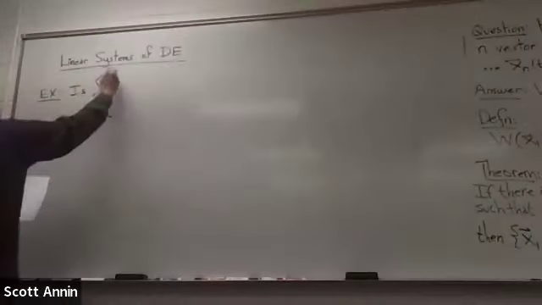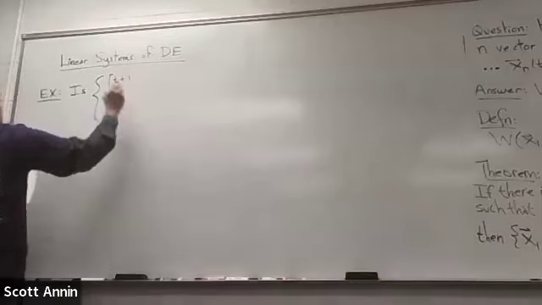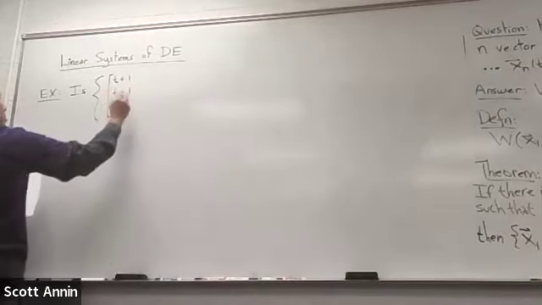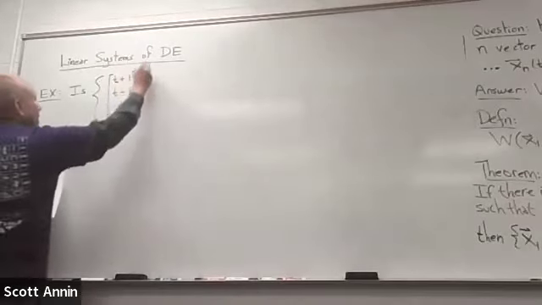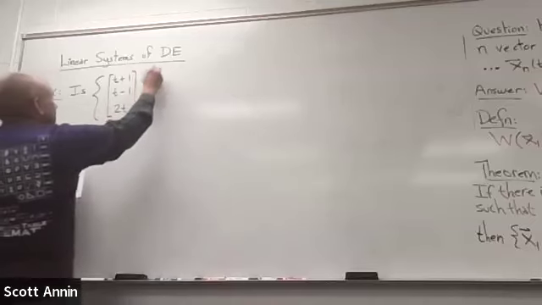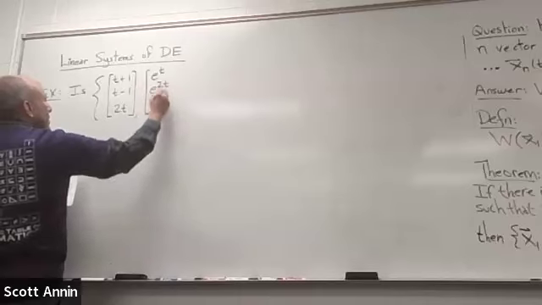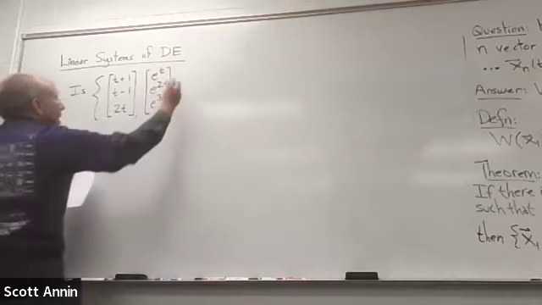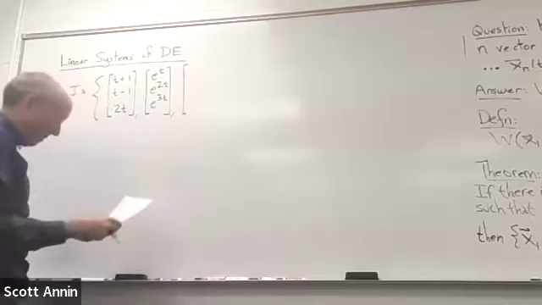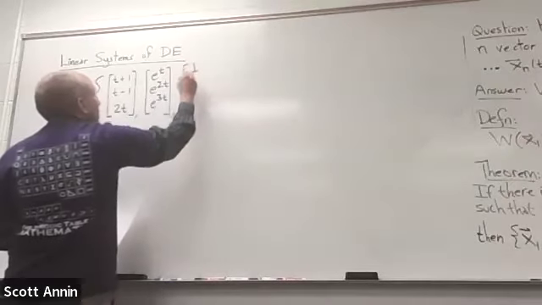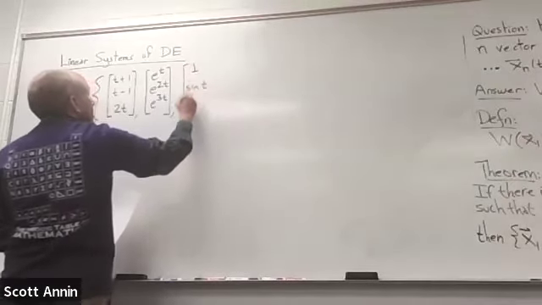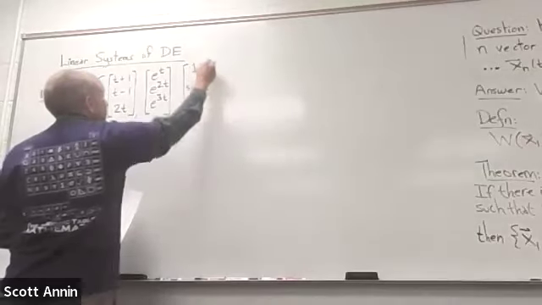The first one might be t plus 1, t minus 1, and 2t. My second vector might be e to the t, e to the 2t, e to the 3t. And finally my third one might be 1, sine of t, and cosine of t.